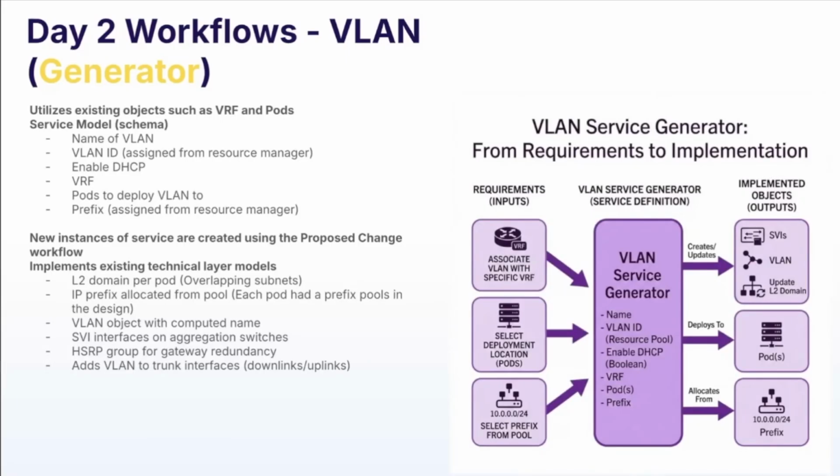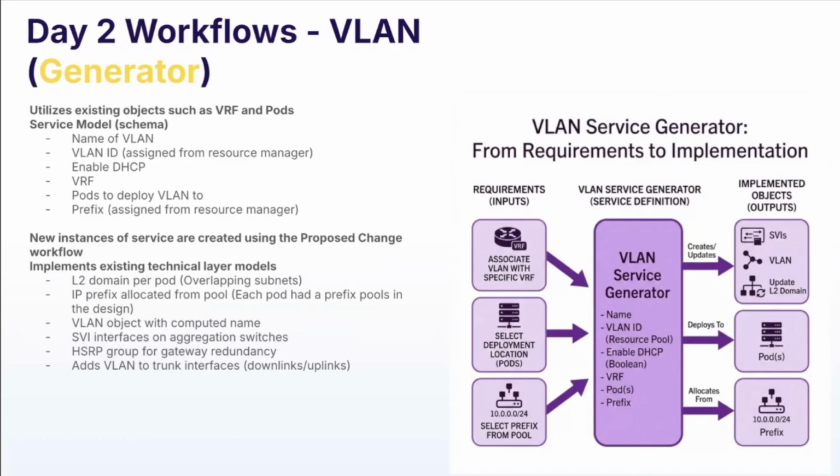Another requirement is assigning a prefix, so we ended up using a resource manager for that. Basically they select a pool that they want it to come from, and then the pool has the size of the subnet in it. So that was very useful for them. These are done on top of it.